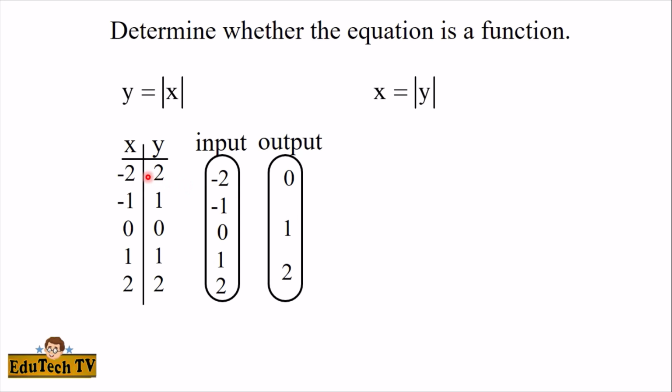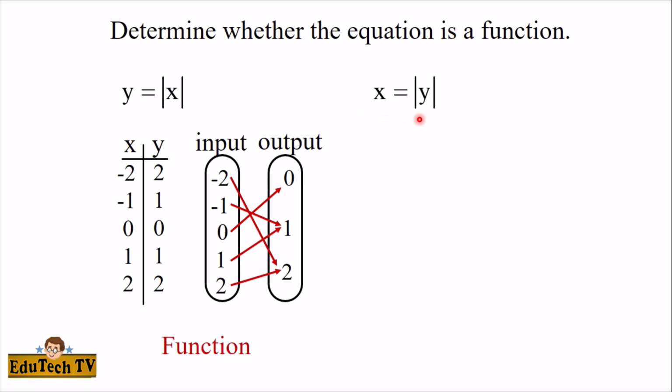Then, connect yung each partner. Yung negative 2, ang partner niya is 2. We have negative 1, and then 1, 0, 0, 1, 1, and 2, 2. So notice, walang naulit dun sa input, and every input has exactly one output. So therefore, this represents a function.